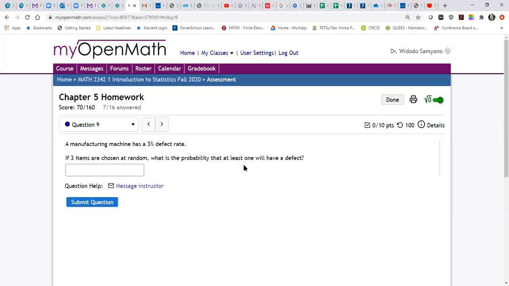At least one means it's greater than or equal to 1, right? So in this case, you need to use a cumulative distribution. You have 3% and you have at least one. The atoms are 3, right?